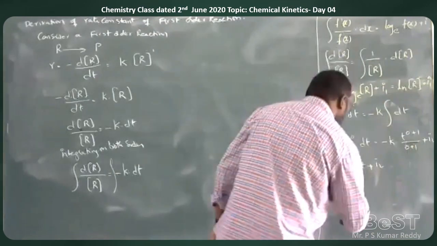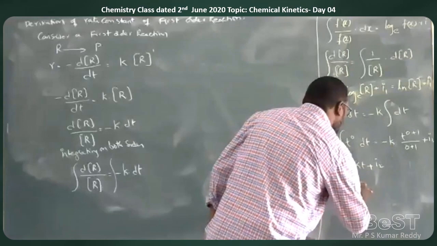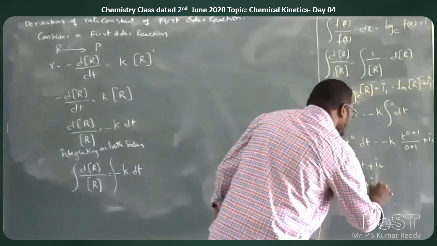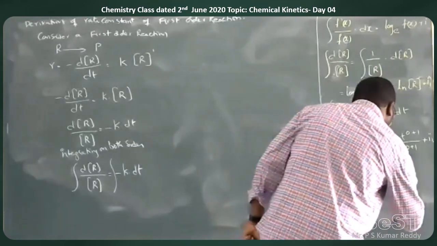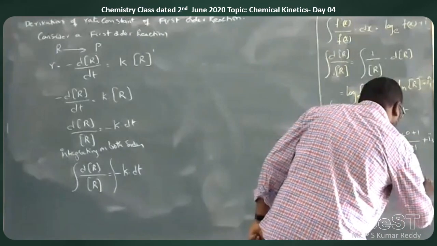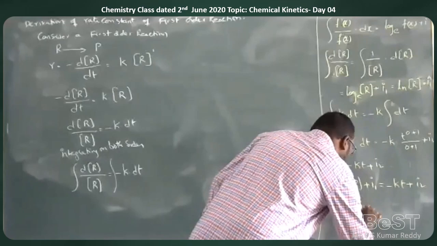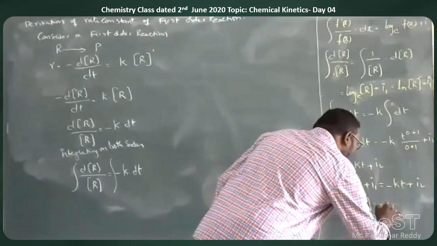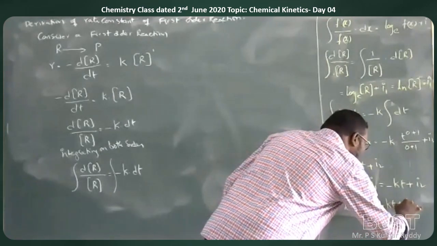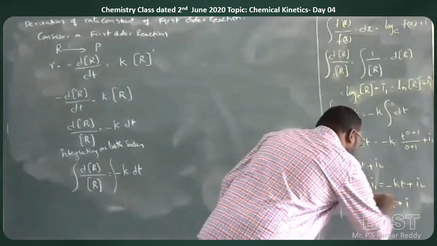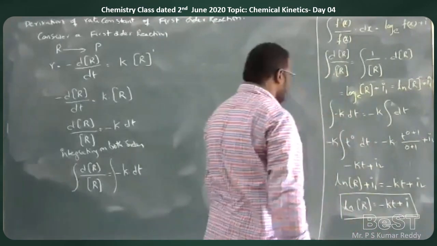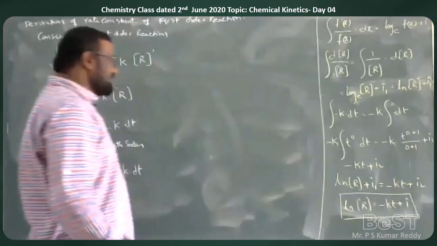So from these two, ln of R plus I1 equals minus kt plus I2. Combining the constants, ln of R equals minus kt plus I. This is the equation we get by integrating this one.